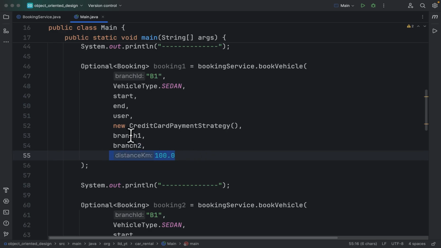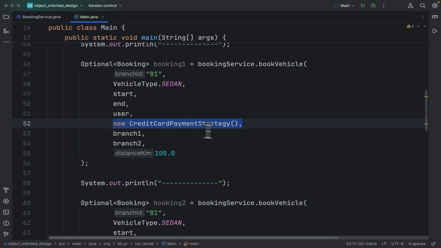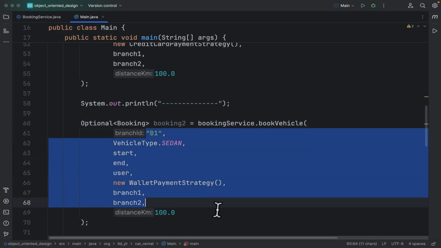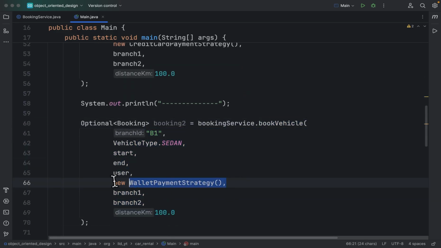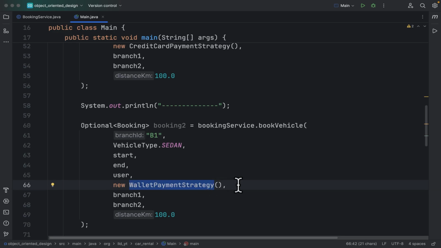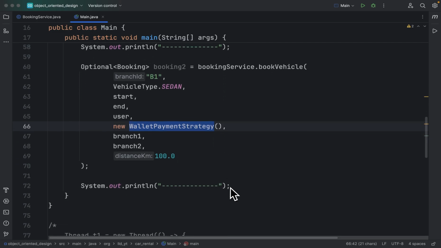And this is the kilometer distance between branch 1 and branch 2. And I would be paying through credit card. Similarly, I have also called this function one more time over here, and all the parameters are the same apart from this. Over here, I will be booking through wallet.